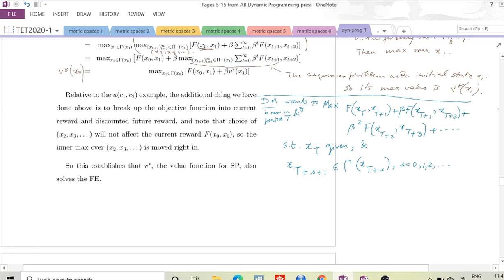Do you see that if I put s equal to 0, I get x capital T here? So that is saying that gamma of x capital T is the set of feasible states available to the decision maker at time capital T, okay? And that is all the x capital T plus 1 available at time capital T, and then you let small s step through all these indices.